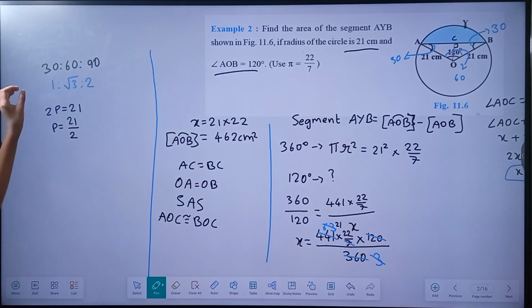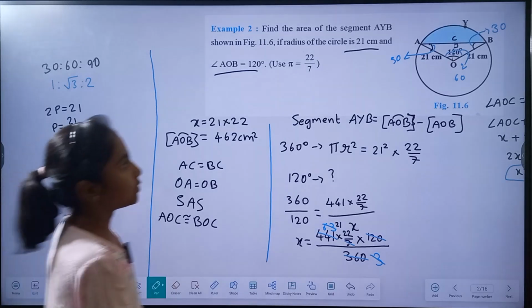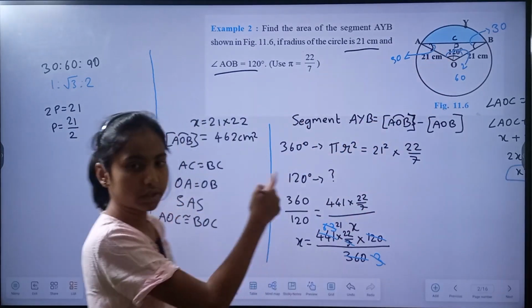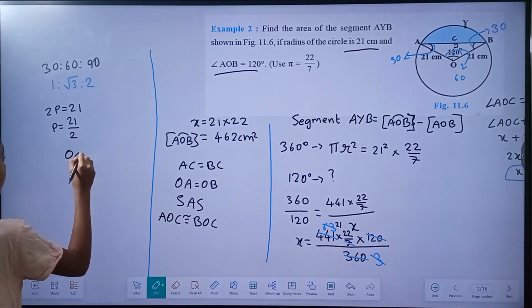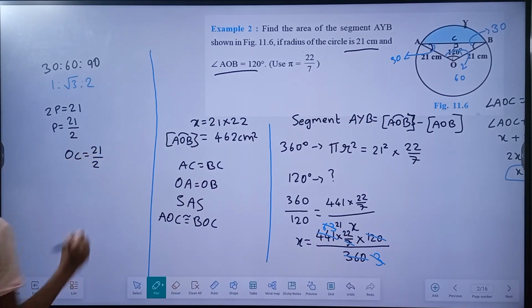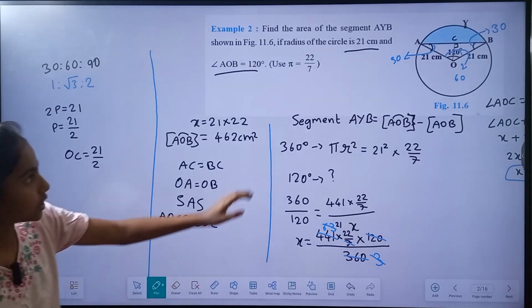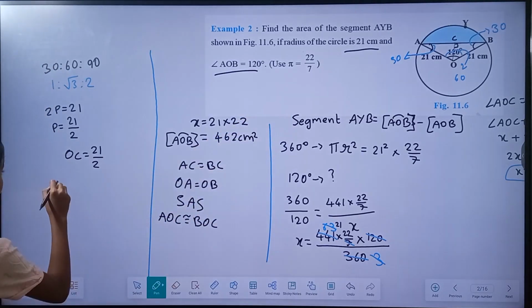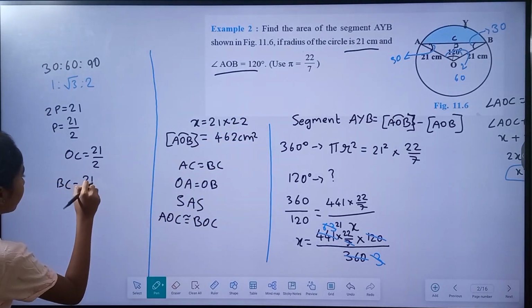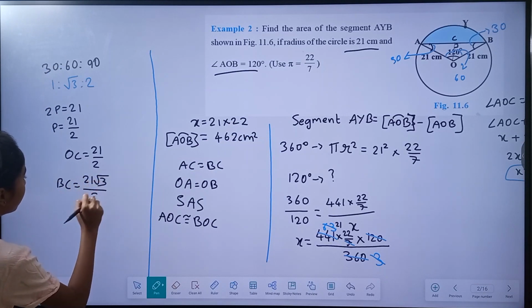So the altitude OC equals 21 by 2. Then the side opposite to 60, which is BC, will be equal to 21 root 3 by 2.